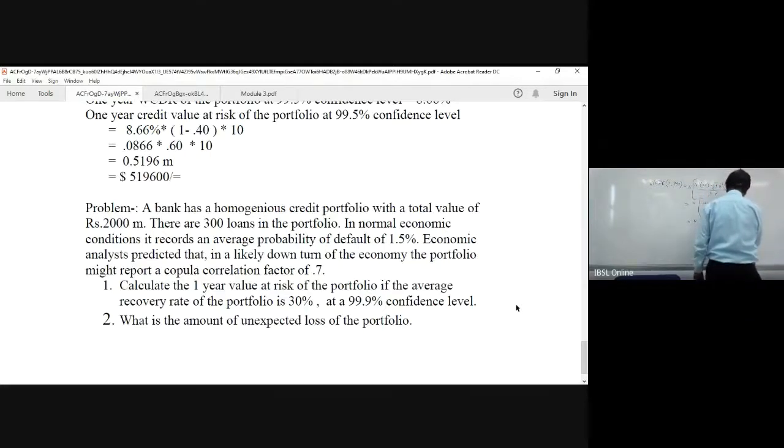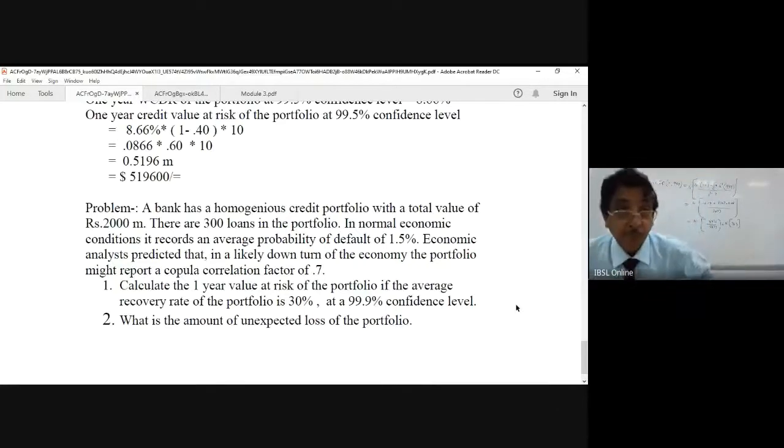You can say 0.743, you can get 3 digits. So now you can go to the normal curve tables and just find out the value of 0.743.